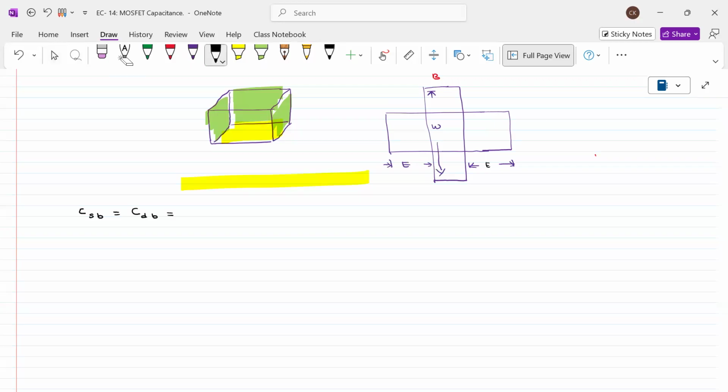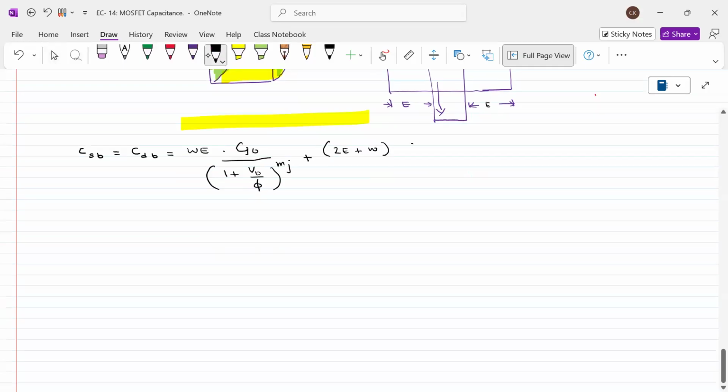The bottom capacitance we can write as the width W times E times Cj0 divided by (1 plus Vd divided by phi0) to the power Mj. Next, the sidewall capacitance is (2E plus W) times Cjsw divided by (1 plus Vd divided by phi0) to the power MJSW, for the sidewall.